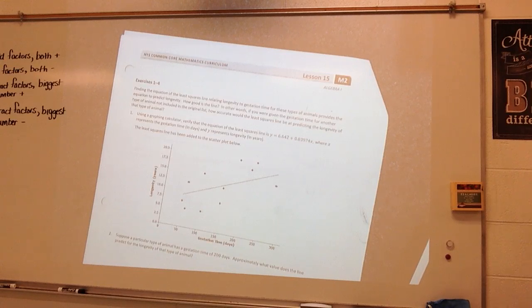In other words, if you were given the gestation time for another type of animal not included in the original list, how accurate would the least squares line be at predicting the longevity of that type of animal? Using a graphing calculator, verify that the equation of the least squares line is y equals 6.642 plus 0.03974x, where x represents the gestation time in days and y represents the longevity in years.